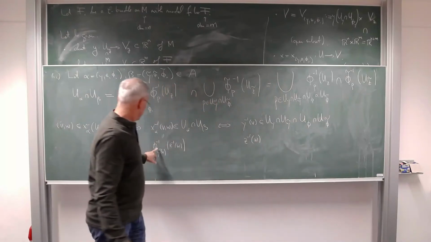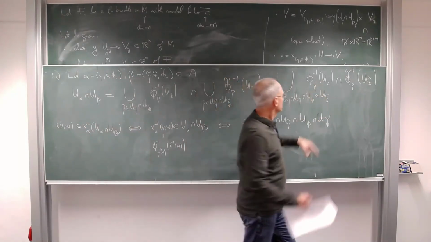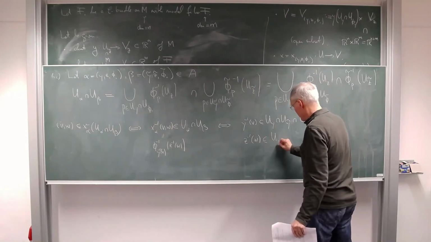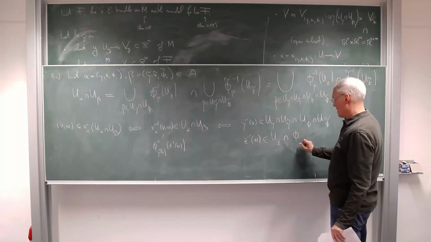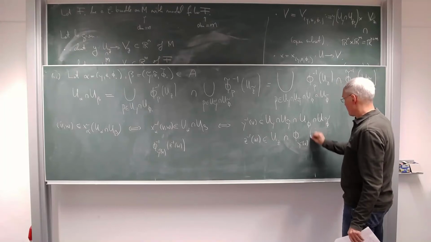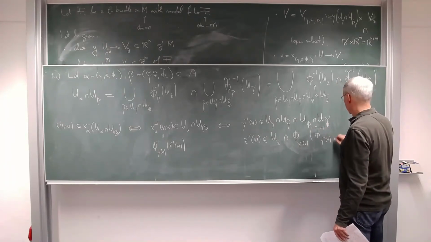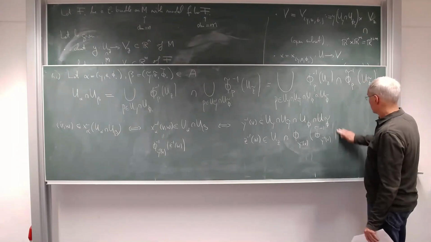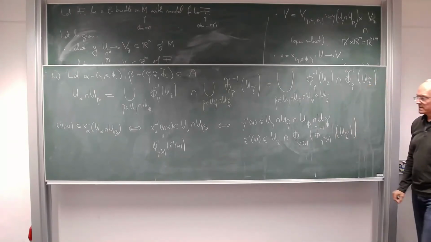But this map is just the inverse of that map. So what I get is the condition that I have something in u z intersect, and here I have phi y to the minus 1 of v applied to phi tilde inverse y to the minus 1 of v applied to this set u z tilde. So these are the conditions.